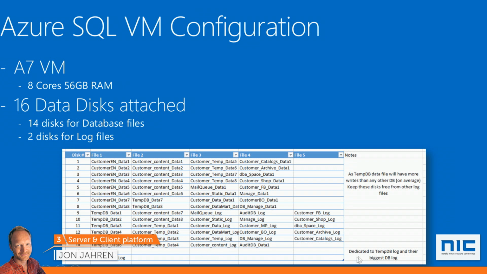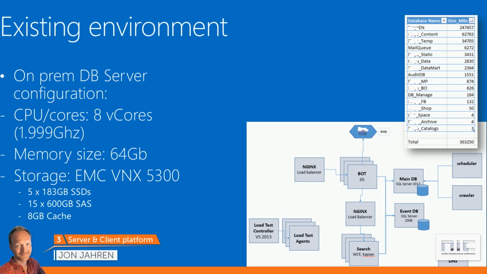So 2 disks dedicated to transaction logs, and the rest spread between the TempDB and the user database. This is the typical pattern you will see in a performance optimized solution, where you have a pretty large VM, in this case 8 cores, 56 GB RAM, where they attach 16 data disks to achieve the performance targets they needed in order to match the performance of an on-premises DB server configuration.